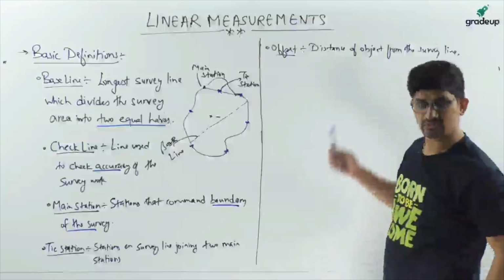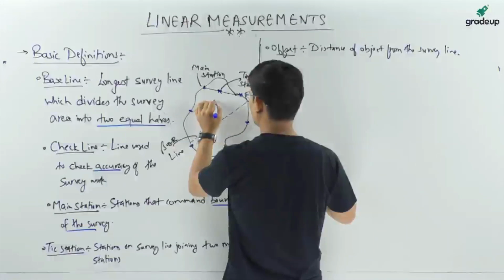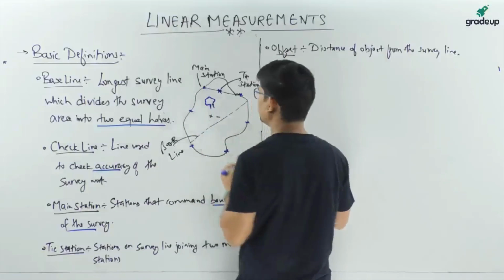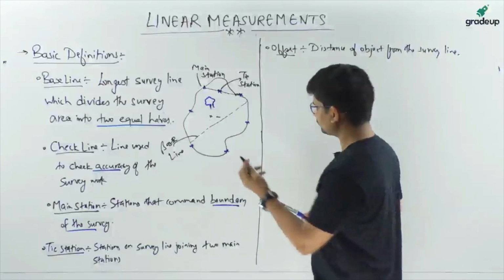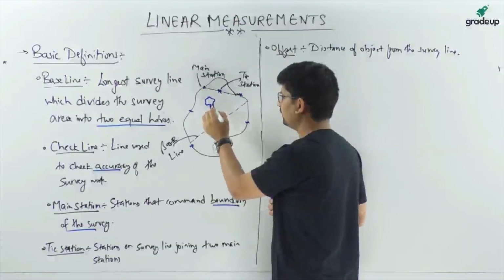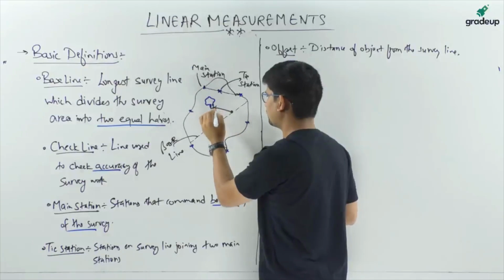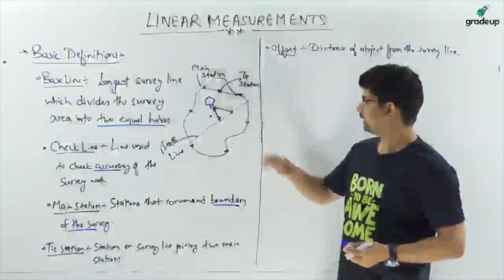Okay, so distance of object from the survey line. If suppose there is one tree here, okay, so from this baseline or this survey line, whatever is the distance, okay, so this distance can be perpendicular or this distance oblique distance, okay, it can be any one.